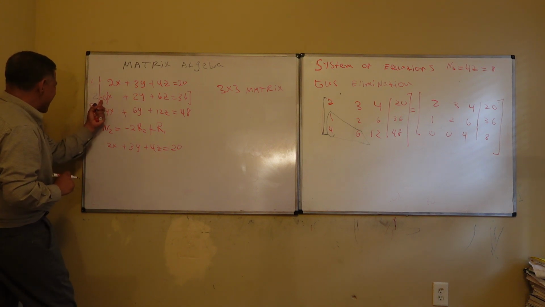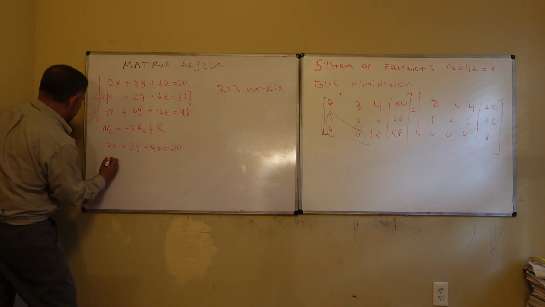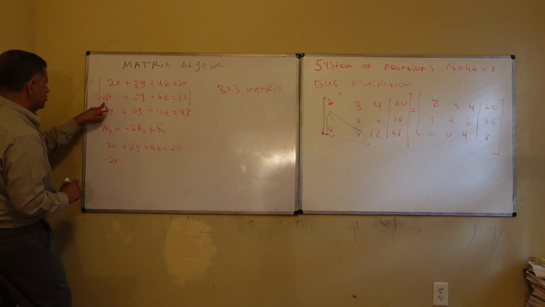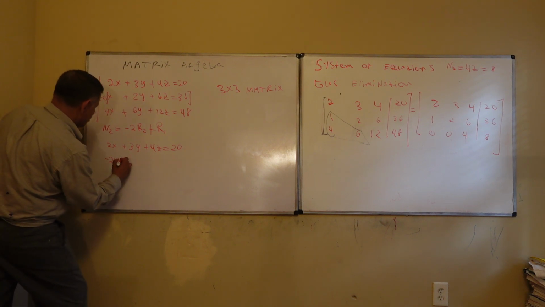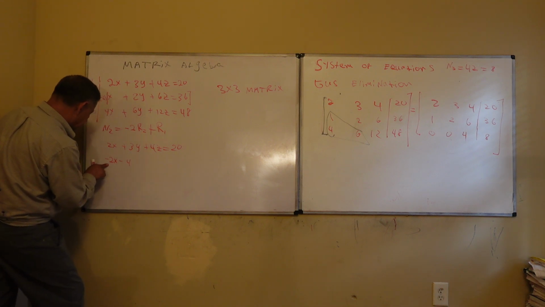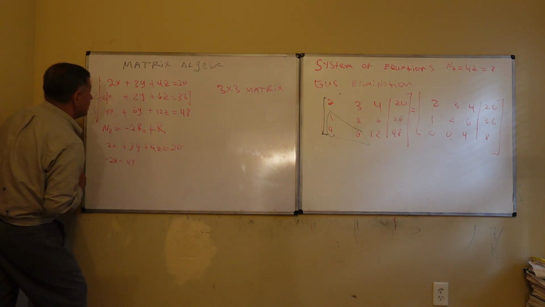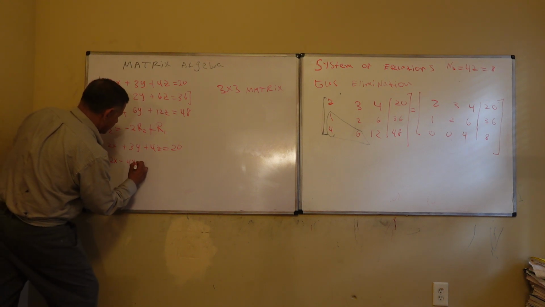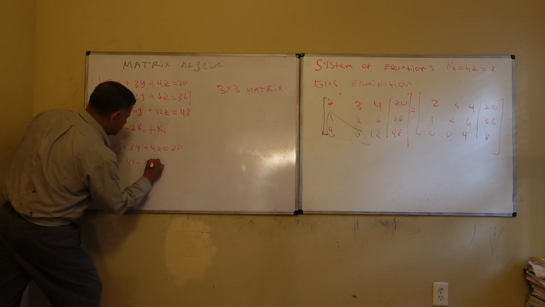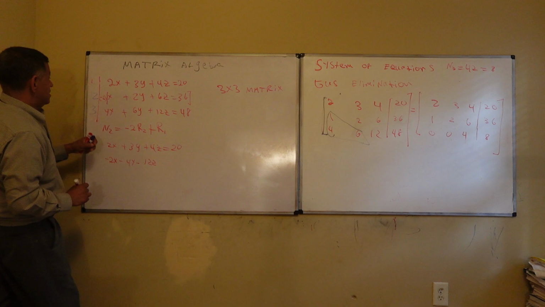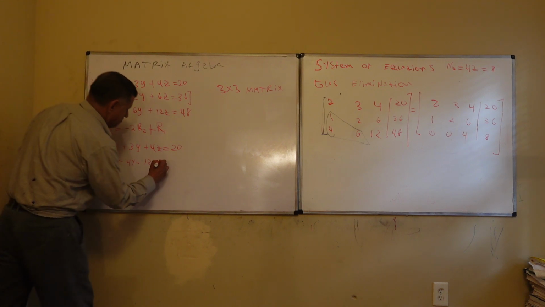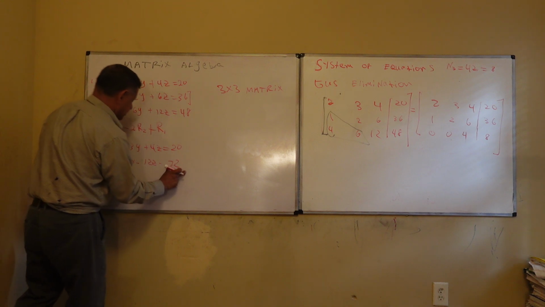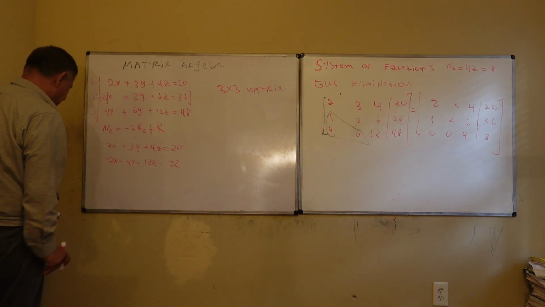So multiplying that whole row, it's going to be negative 2x minus 4y minus 12z, and then minus 72 on the side. Add them together.